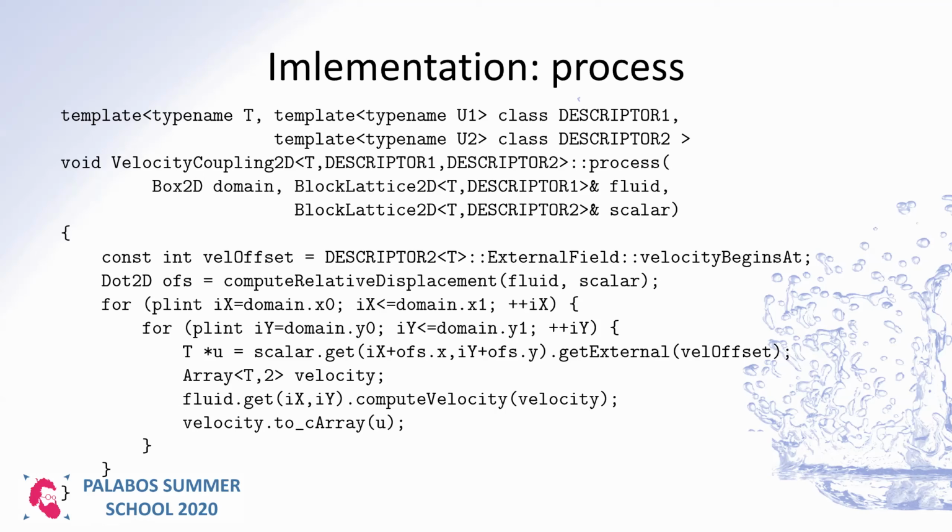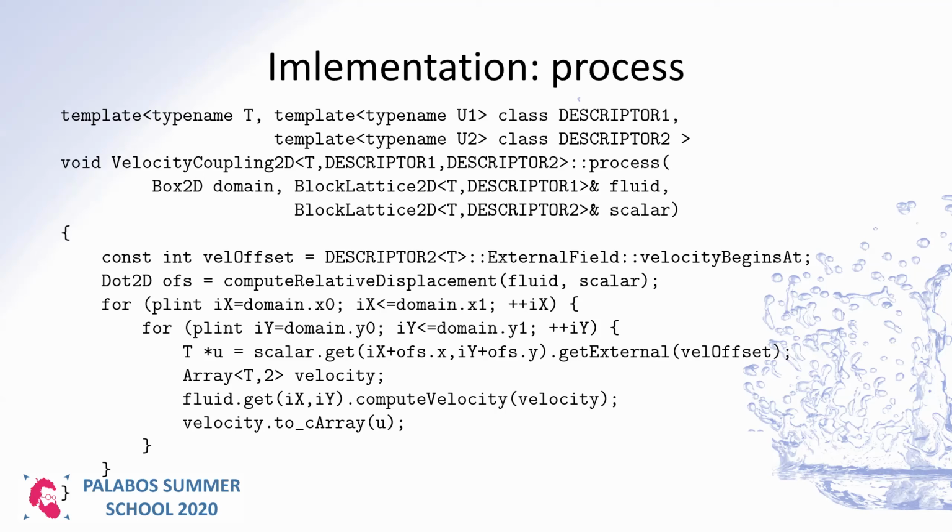And once you have computed that velocity, you can copy the velocity to the advection diffusion lattice into its scalar field, the scalar extension that comes right after the populations. This is now a data processor that implements a coupling that uses functionalities of cells on both lattices and copies data from one to the other.